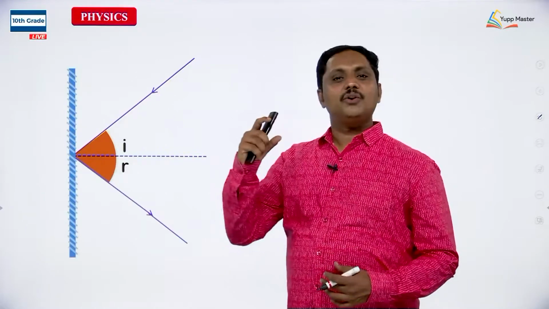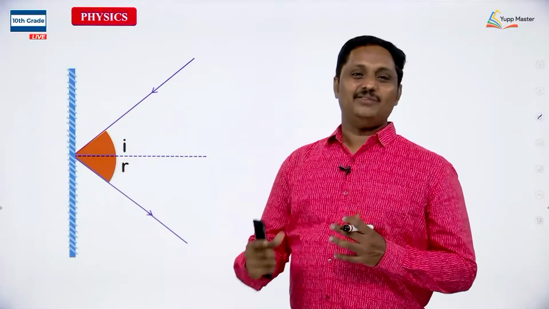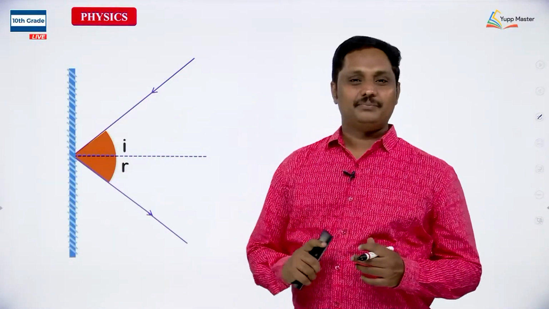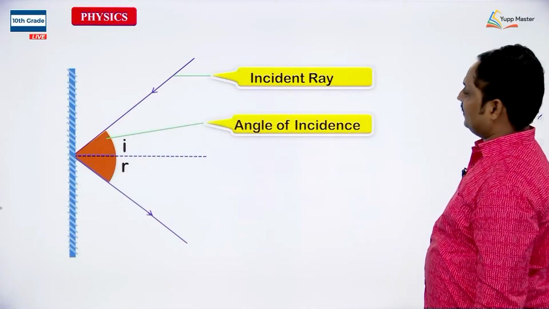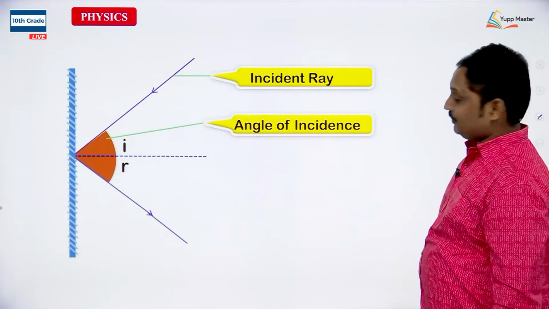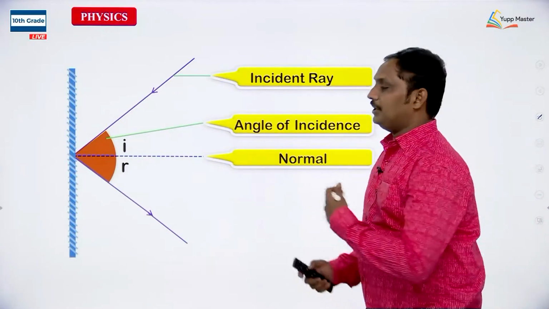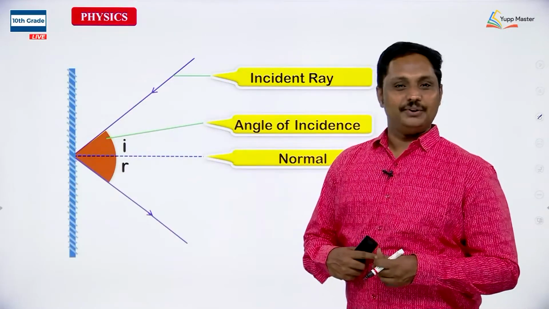The phenomenon of reflection is limited to one medium, that is, it is reflected back into the same medium. This is the incident ray, that is the angle of incidence, and with respect to the normal we will measure the angle of incidence and the angle of reflection.